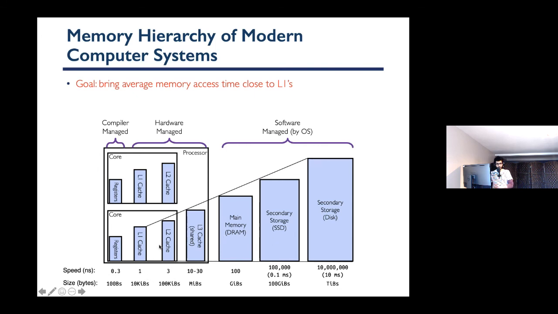So that's how we're going to do it. We're going to make memory accesses super fast so that we rarely need to go to memory. We usually find our data in caches and we resolve it. In particular for memory translation, we're going to add another structure here, which you will see. It's called TLB, to cache precisely the memory translations. So we're going to cache address translations to speed up address translation.